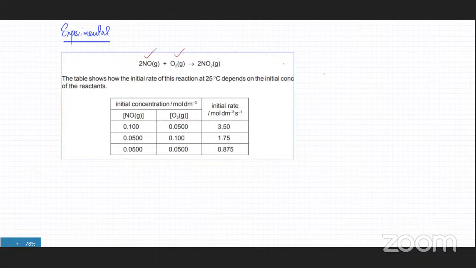We are looking for the order with respect to NO. We don't know what A is, and we don't know how the rate depends on the concentration of O2, my other reactant. We don't know what B is.